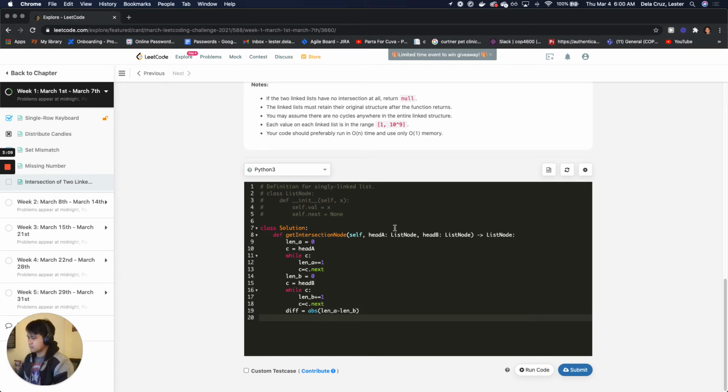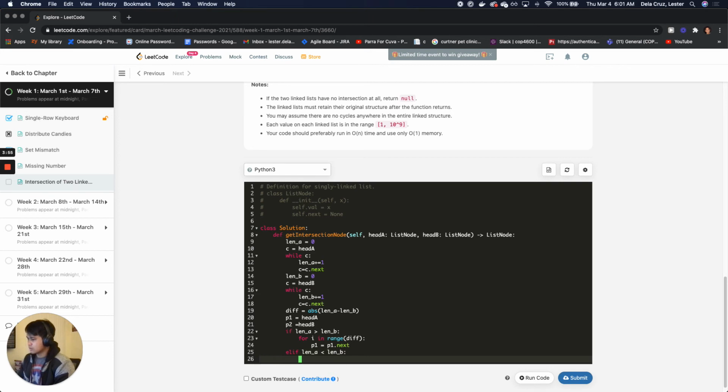Then we say P1 equals head A again, P2 equals head B. If the length of A is greater than the length of B, then we do a for loop in range of the difference, where P1 equals P1.next. If the length of A is less than the length of B, we do the same thing for P2.